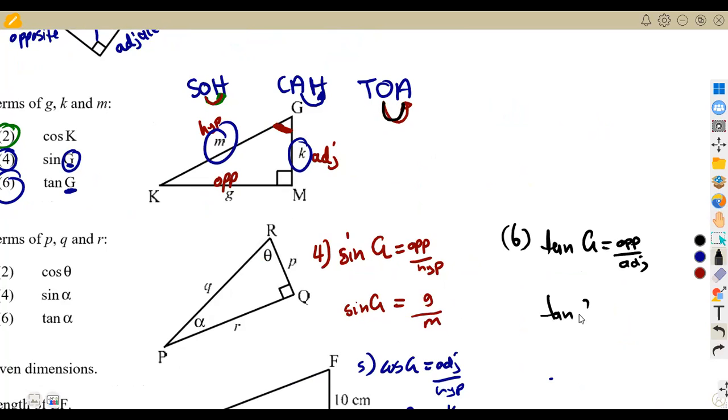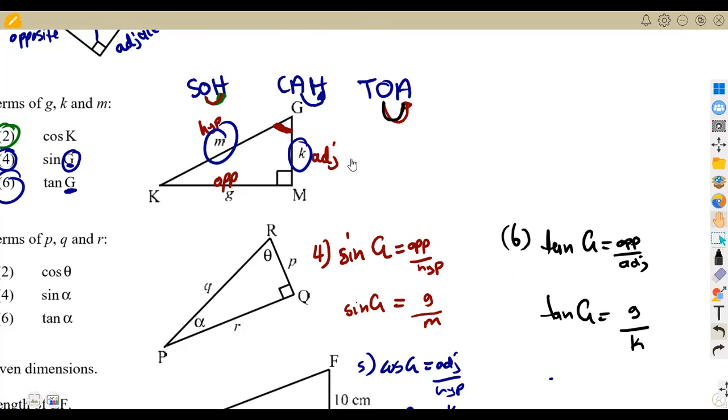So we are simply substituting according to what we have here. According to G, the opposite is given as the small letter G over the adjacent, which in this case is K, all right? As you can see, the answers that we have for G and for K are different because the sides are named according to the angle.